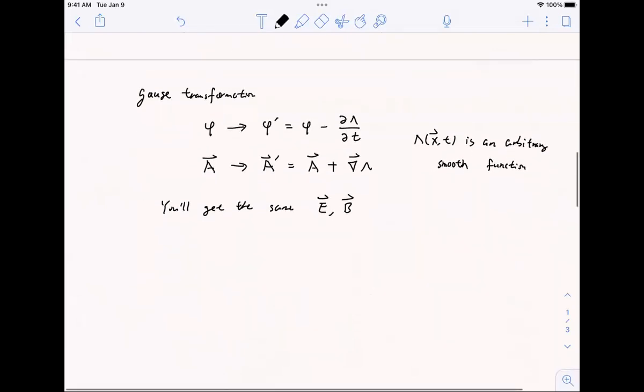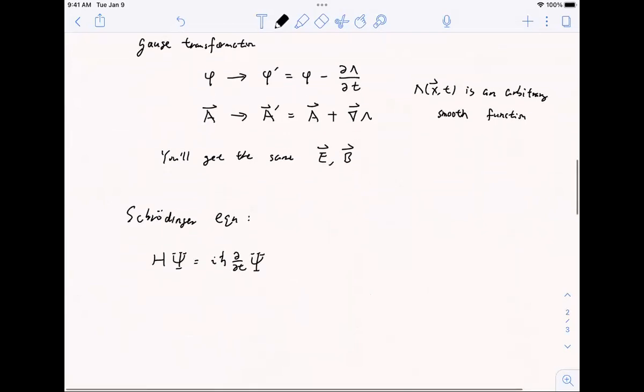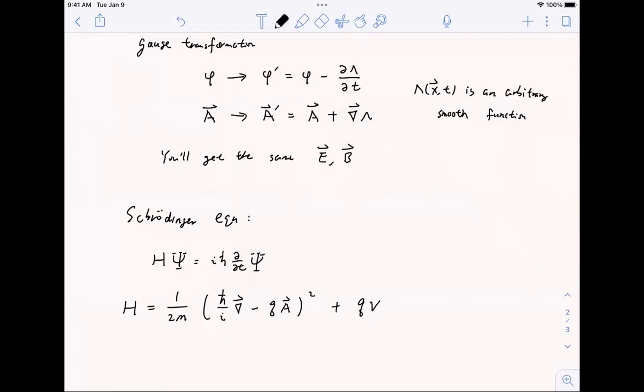For the Schrodinger equation, the Hamiltonian is equal to 1 over 2m times (h bar over i gradient minus qA) squared, plus qV.